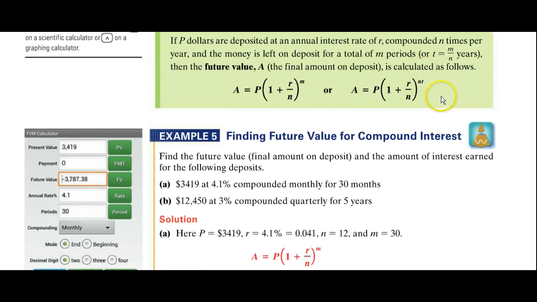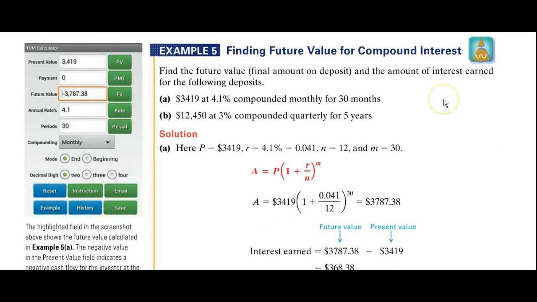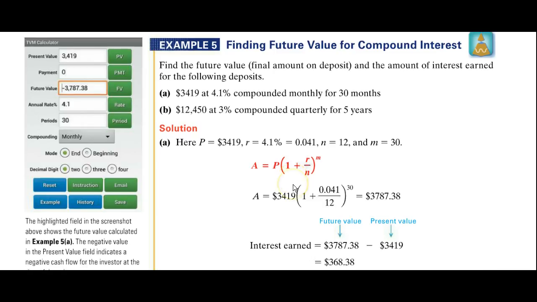I'll have to pull it up, but you have this available to you. Find the future value, A, the final amount on deposit, and the amount of interest earned for the following deposits. So we'll look at A first. And again, we're going to use, let's say, the first formula. Let's see if we can substitute carefully here.